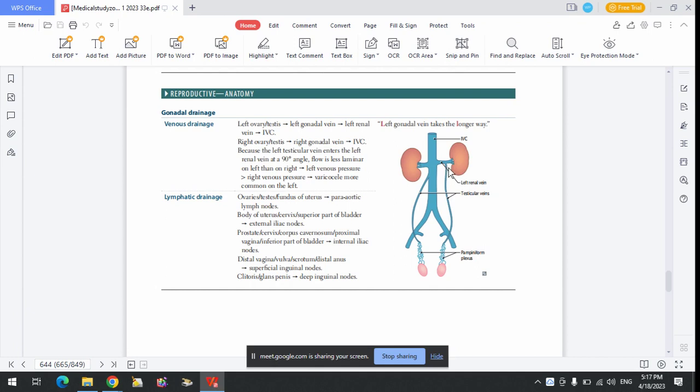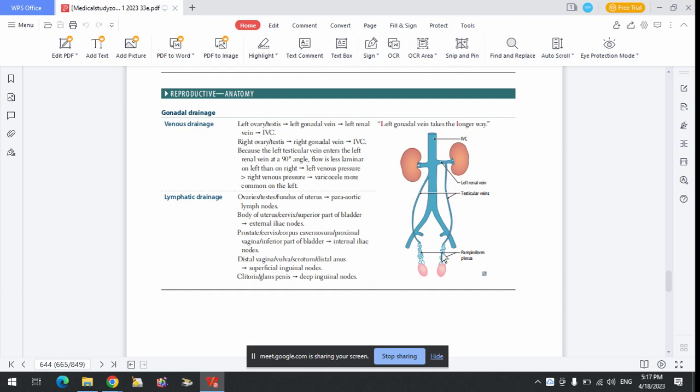So the pressure here is actually higher than on the right side that is just direct connection. So there's no bending, it enters directly. So this bending disrupts the laminar flow. So there's turbulence and stasis and obstruction is likely to happen here, and the blood continues to pull downwards towards this convolution of gonadal veins that we call the pampiniform plexus.